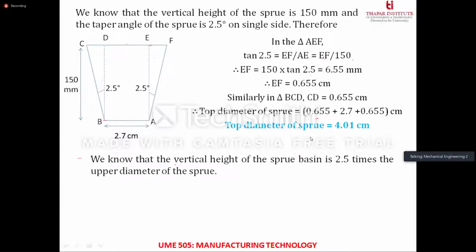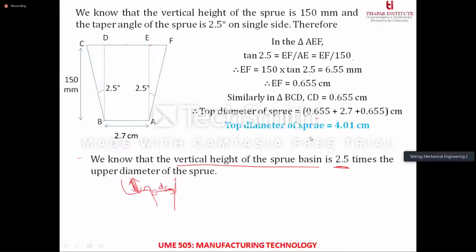We already know that the vertical height of the sprue basin, if you remember, this is the figure that we had got. So this is the top diameter of the sprue, and this height is equal to 2.5 times the upper diameter of the sprue. So this is the height that we are trying to now find out.